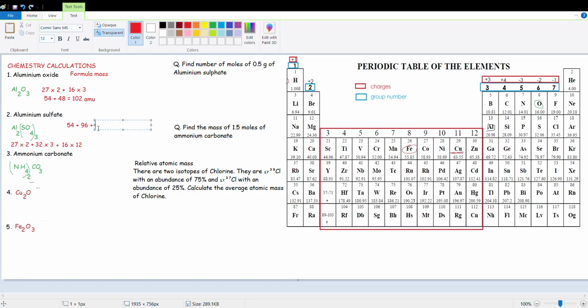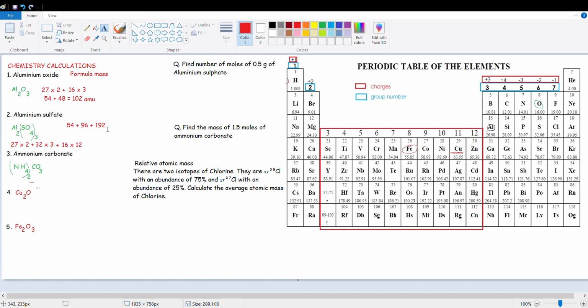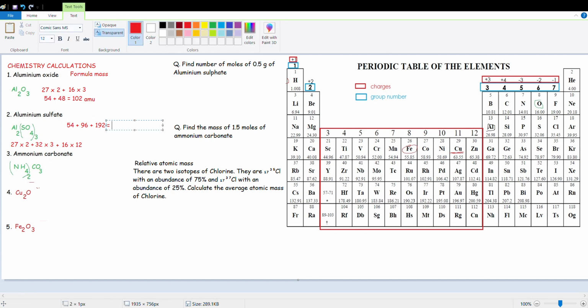Then I add up 192 plus 96 plus 54, and that gives me 342 as the answer for aluminium sulfate. I hope you understand how to do this one, and probably I can do one more quickly.